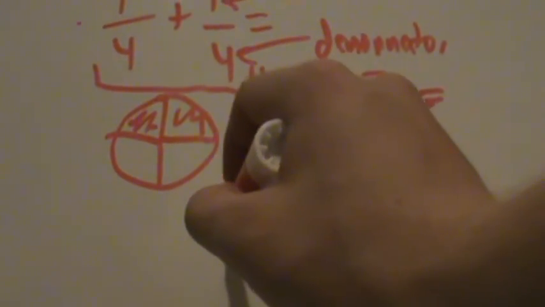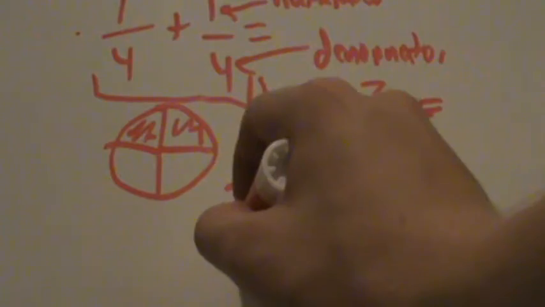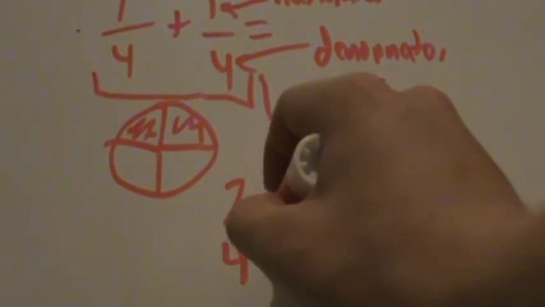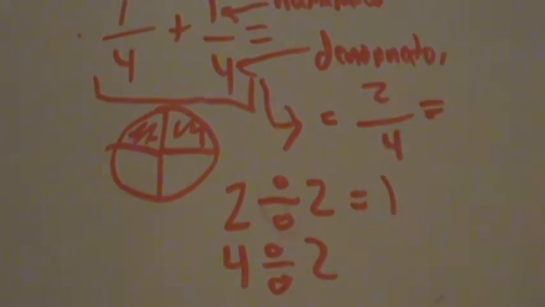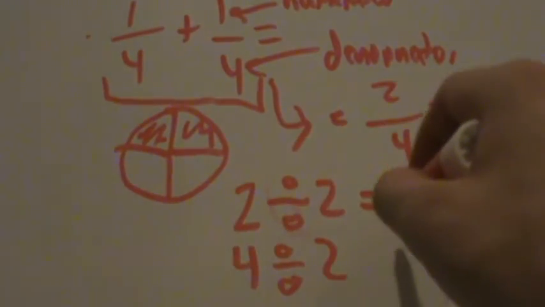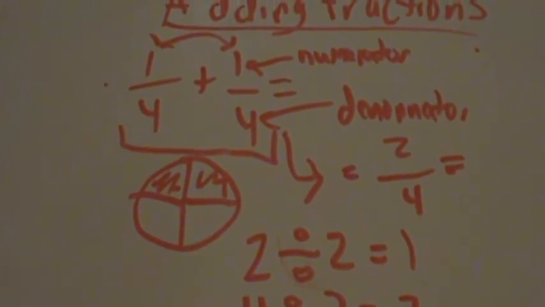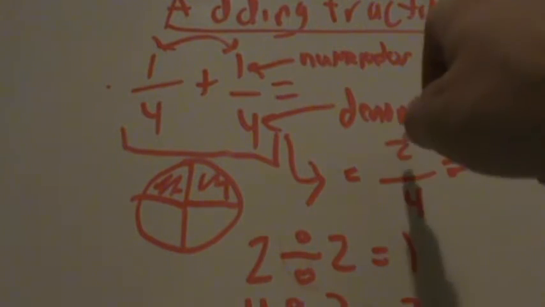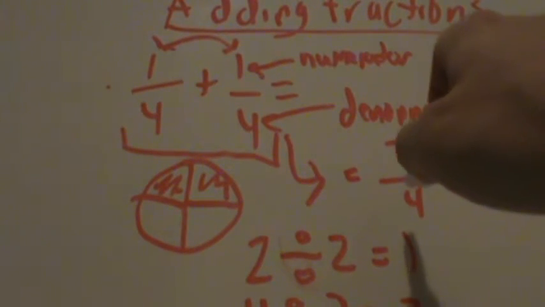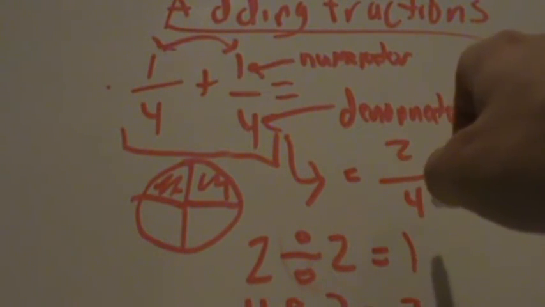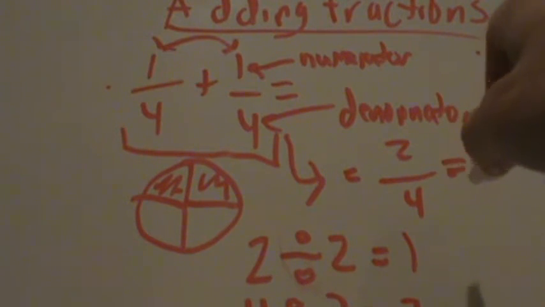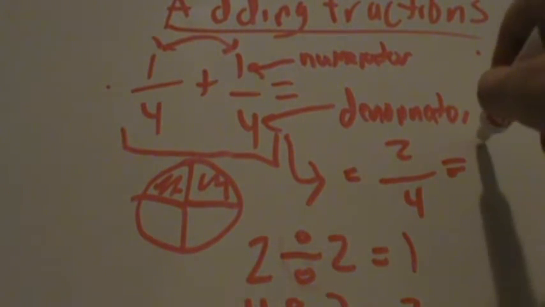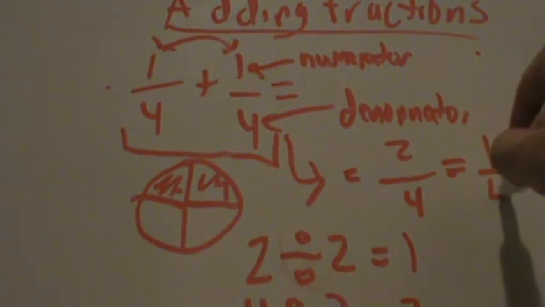And the same thing, you have 4 divided by 2. And how many groups of 2 are there in 4? Well, that's 2. So what did you do here? Well, basically what you did here was you found a number that both the numerator and denominator are divided by, so that you could get it into a more basic version.